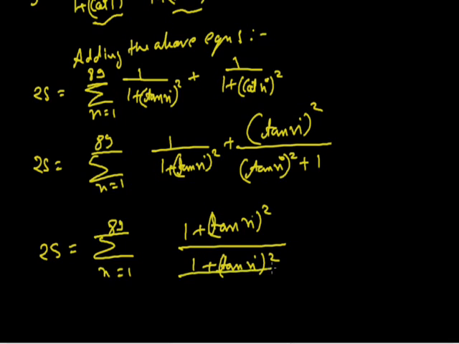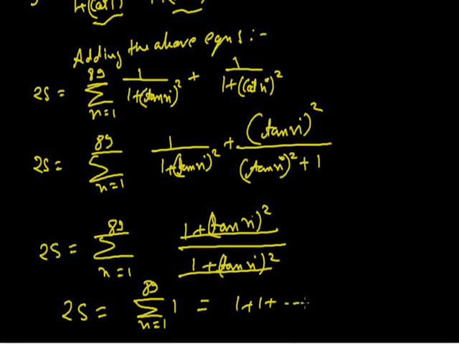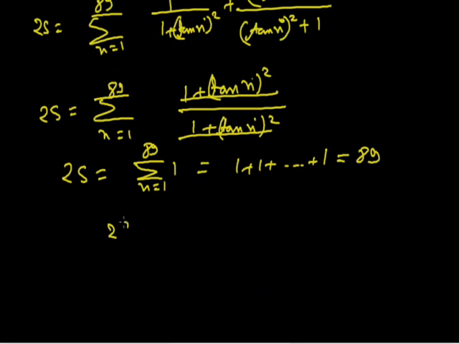Therefore numerator and denominator cancel. Therefore 2s will be written as sigma n equals 1 to 89 of 1, which is equal to 1 plus 1 plus and so on plus 1, 89 times, which is equal to 89. 2s is equal to 89, s is equal to 44.5. Answer.